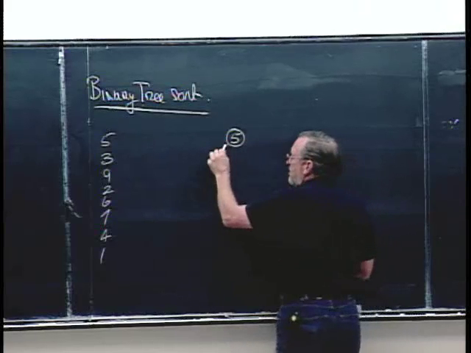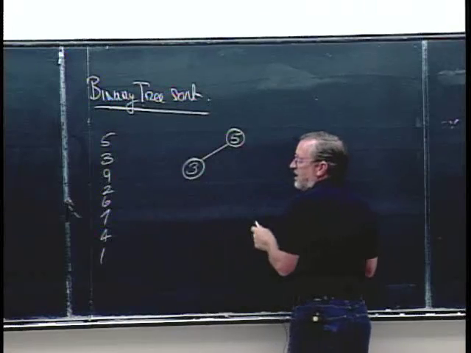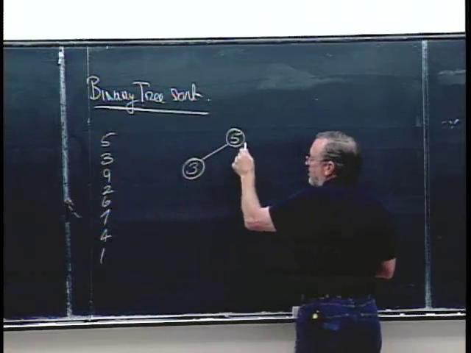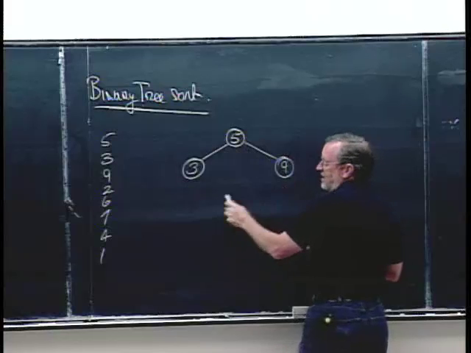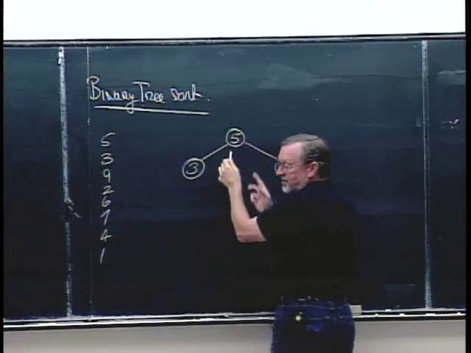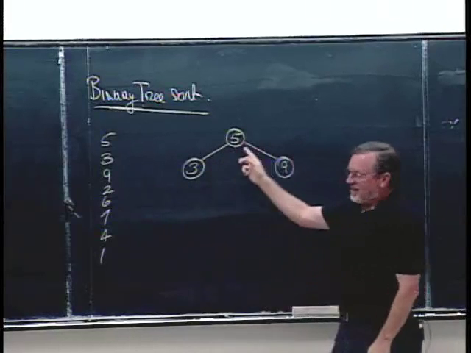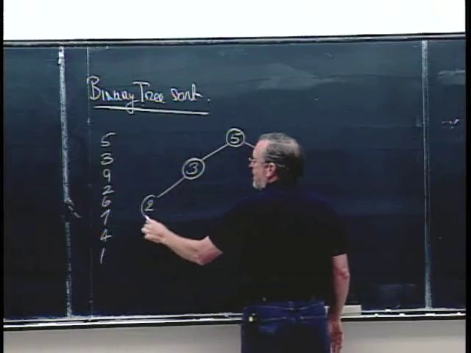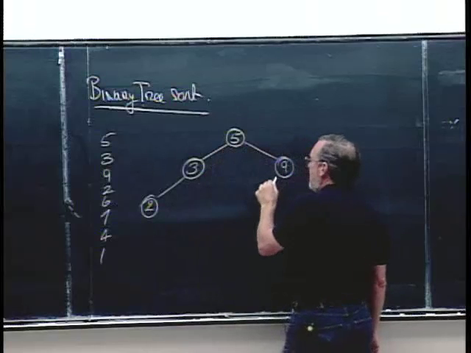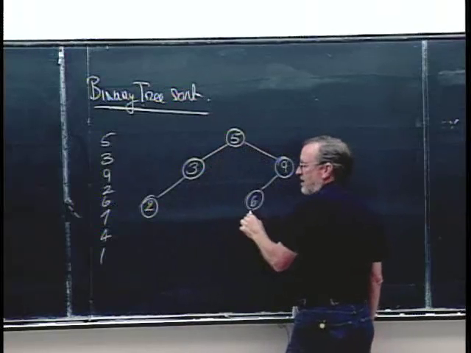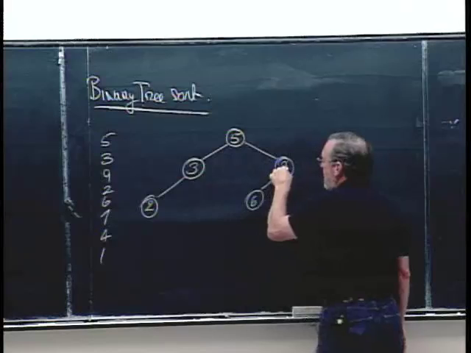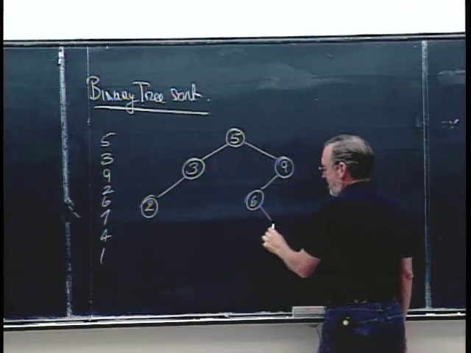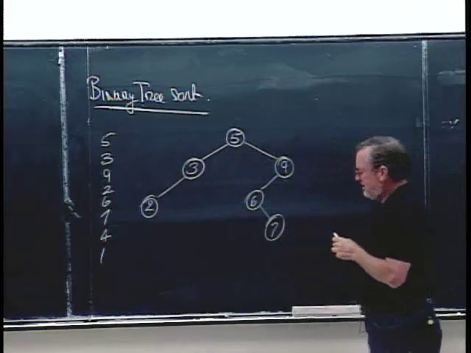So 3 goes to the left. 9 goes to the right of 5. 2 goes to the left of 5, and to the left of 3. 6 goes to the right of 5 but to the left of 9. 7 goes to the right of 5, to the left of 9, to the right of 6.